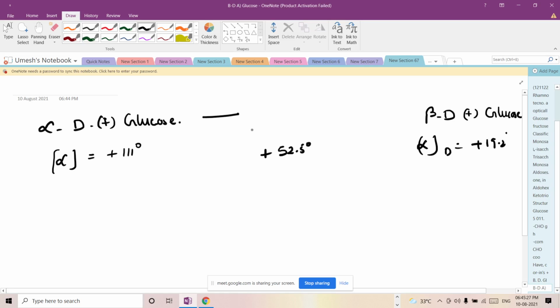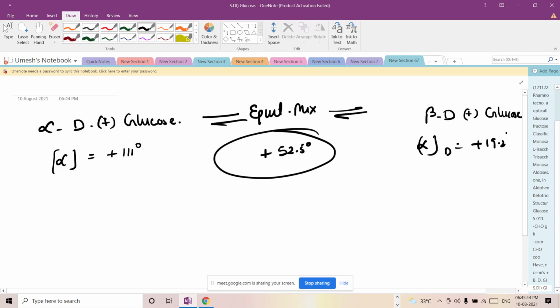It means we get an equilibrium mixture. Some part of the alpha is converting into beta, and beta is converting into alpha. The mixture shows 52.5 degrees, which comes in between the two.